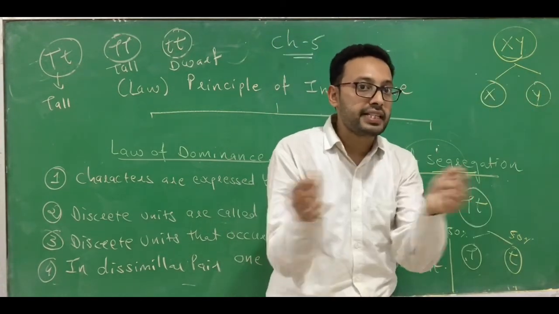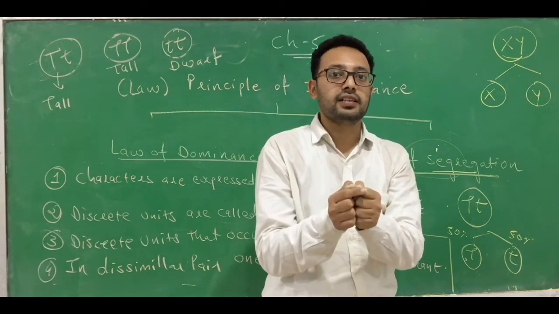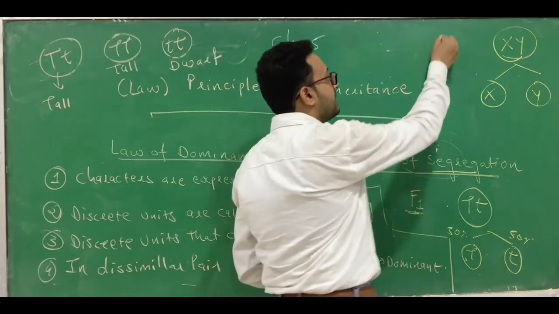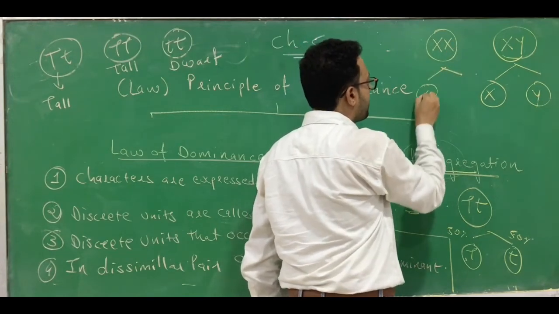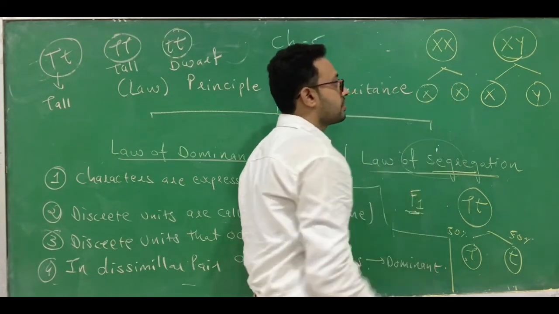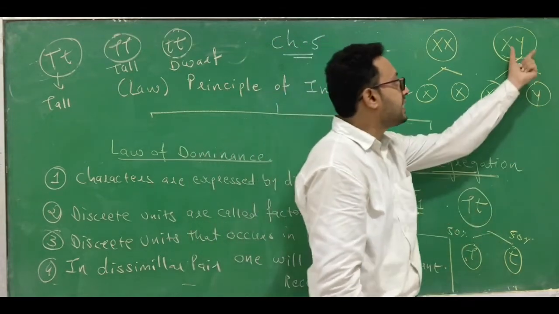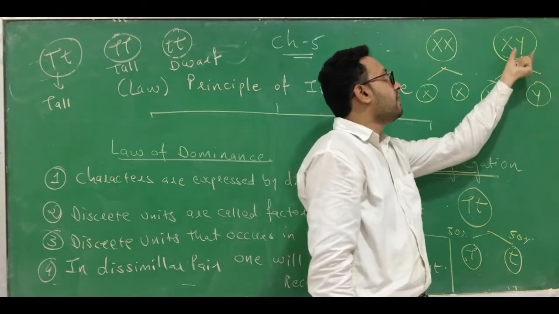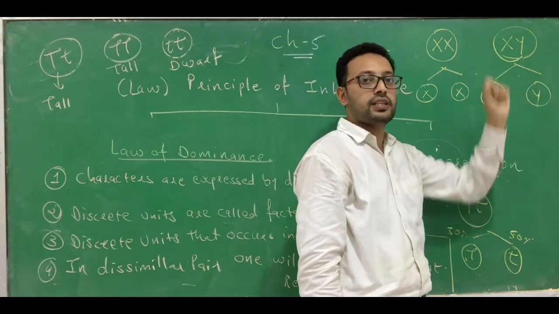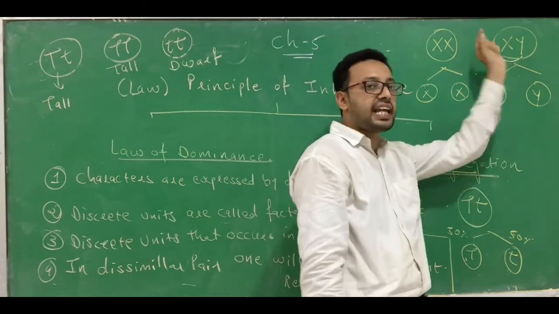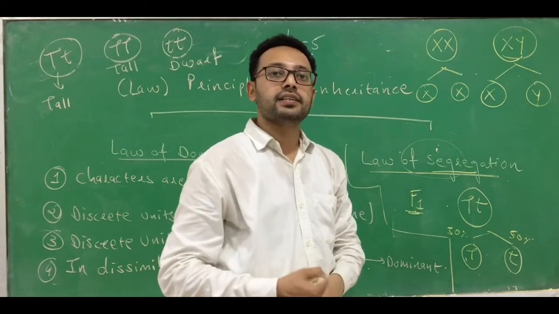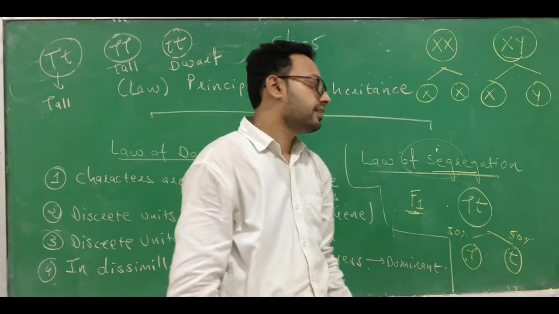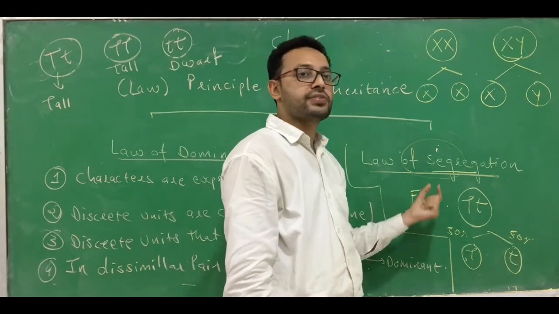They don't get mixed. But if you consider a female, XX, then both get the same X. That means when two different alleles are together, they don't get mixed or blended; they remain segregated. This is called the law of segregation.